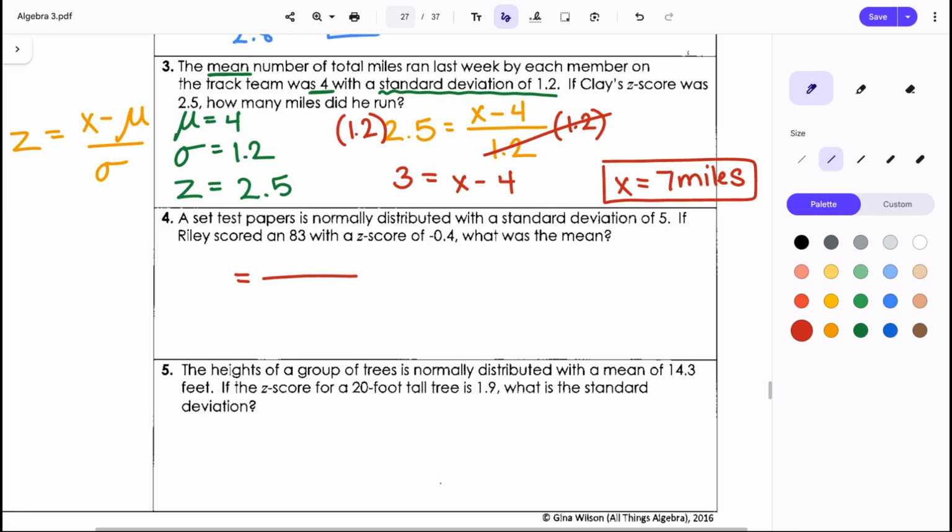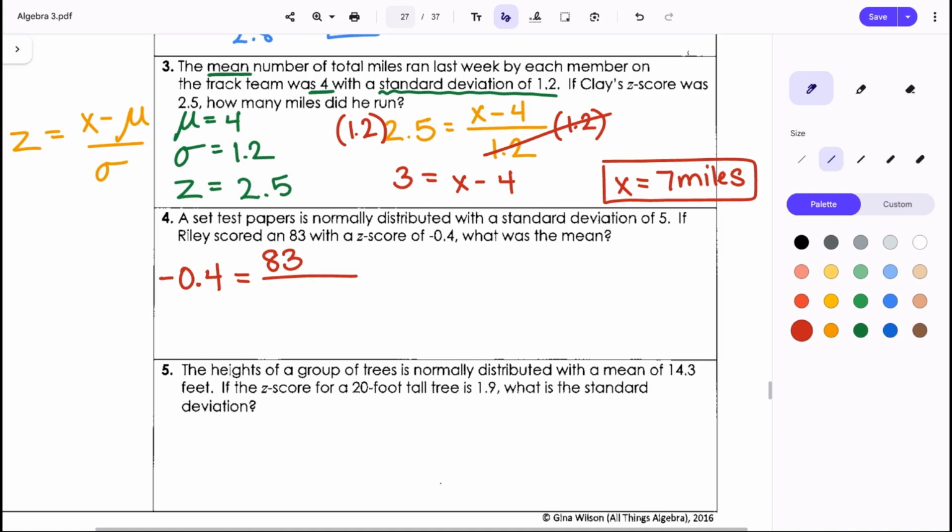Do they give you the z-score? Yeah. What is it? Negative 0.4. Okay, negative 0.4. Do they give us the data value? 83. They're giving you her test score this time. So that's going to go in for your x.